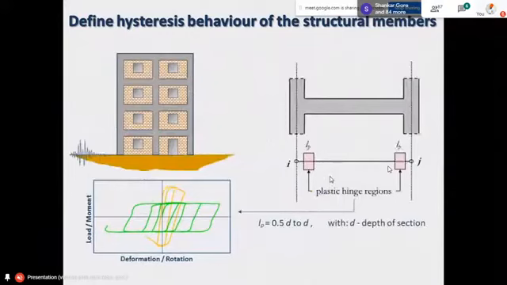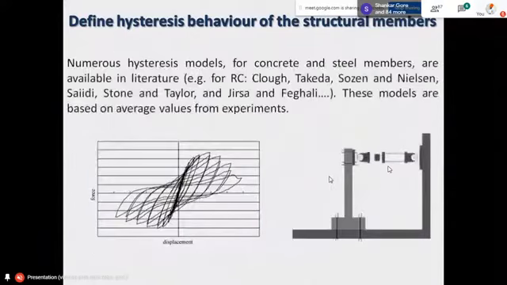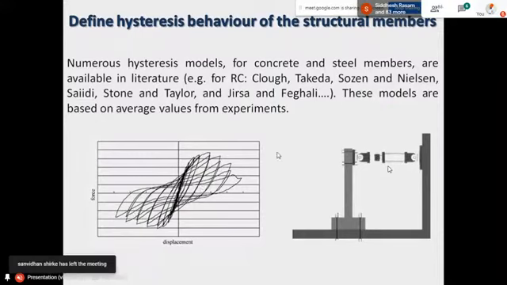Researchers like Clough, Takeda, Park, Saiidi, and Stone and Taylor performed tests on concrete under cyclic loading, and developed these particular models, which are called hysteresis models.